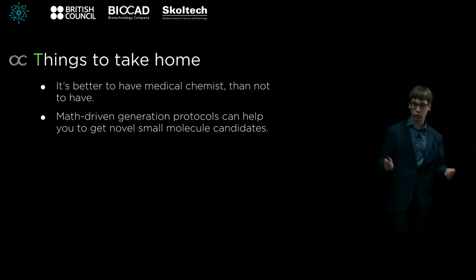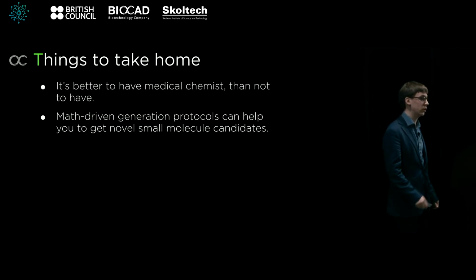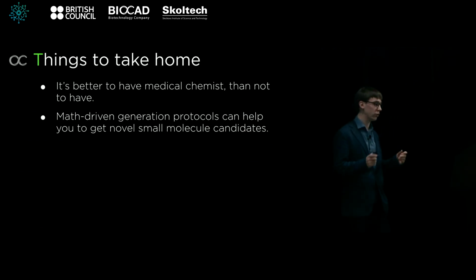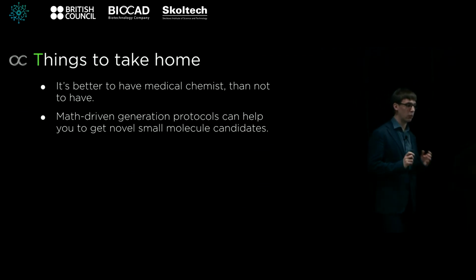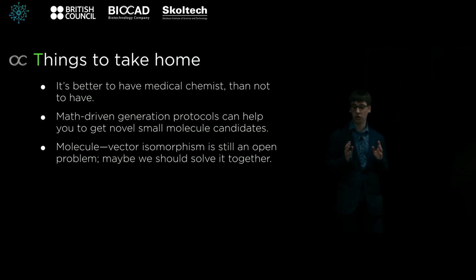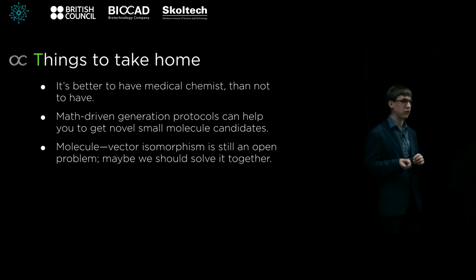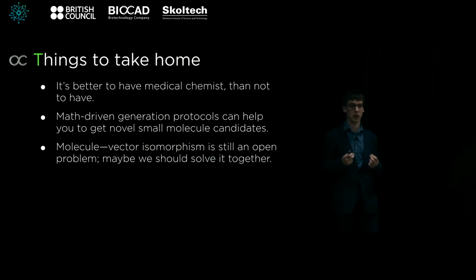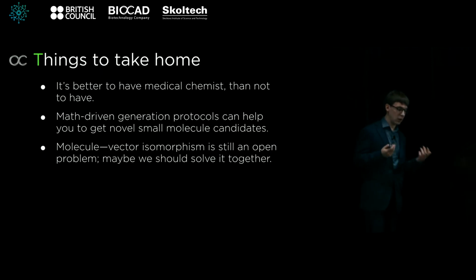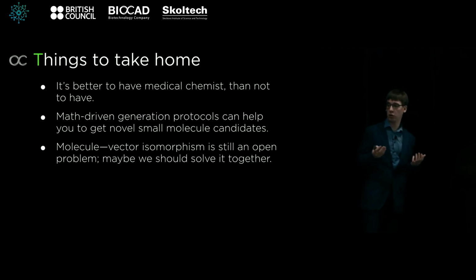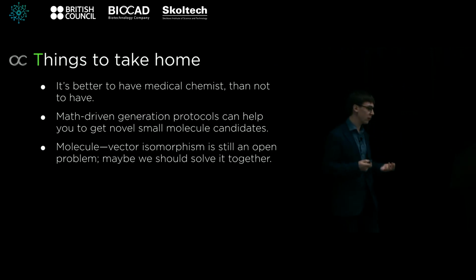And when you use machine learning techniques and work with small molecules, you always need some molecule vector isomorphism, and it is a real problem, and maybe we should solve it all together, because when we find a suitable solution, we can increase the quality of the whole small molecule research area.